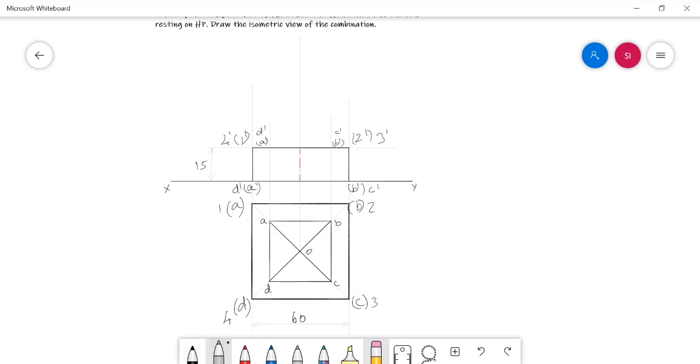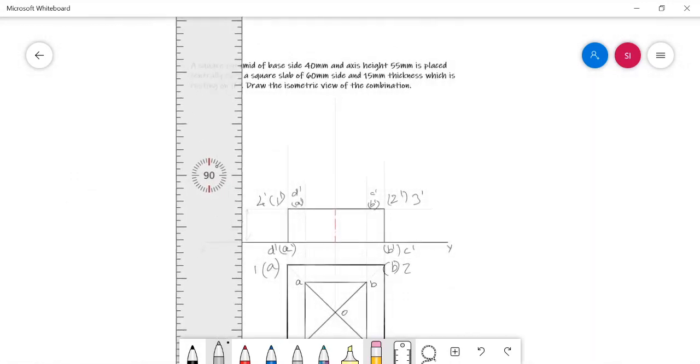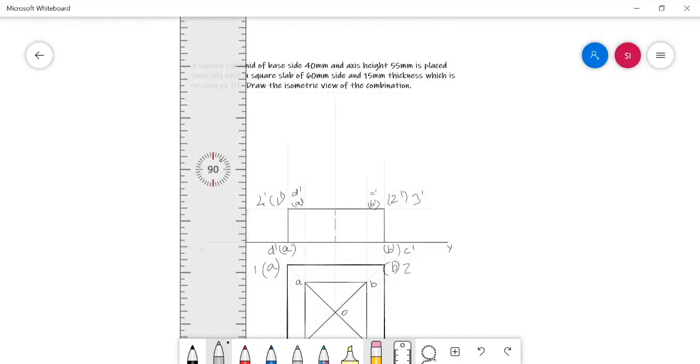And the axis height of the top solid is given as 55 mm. That axis height has to be calculated from the top surface of the bottom solid.